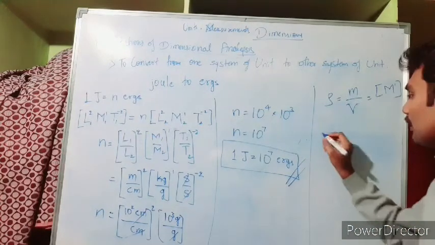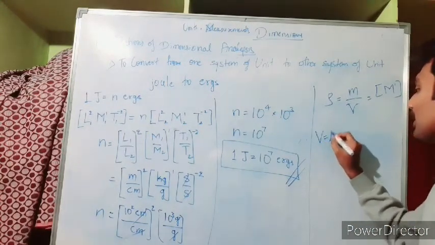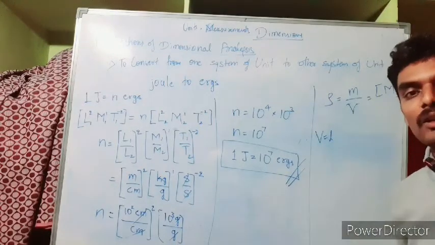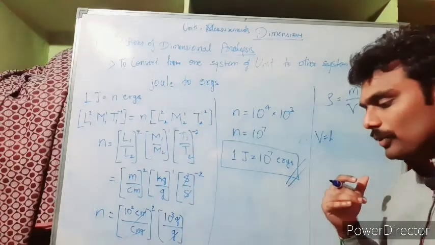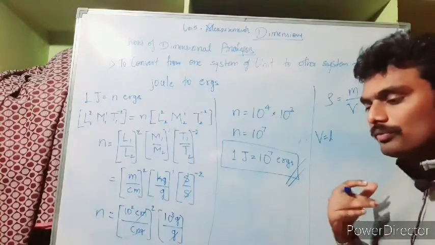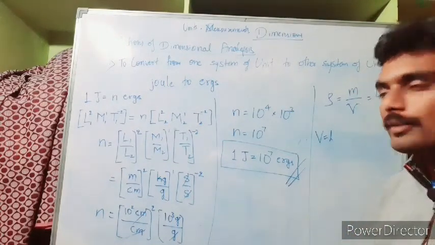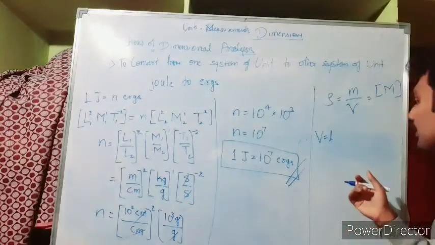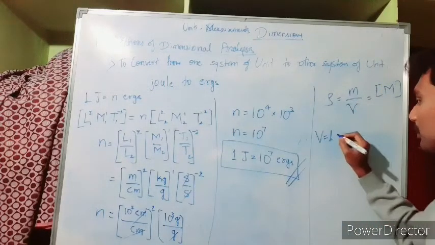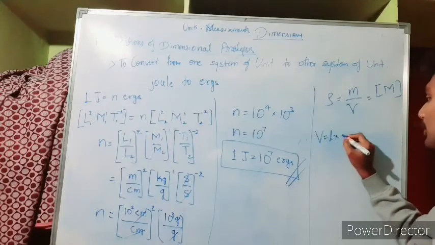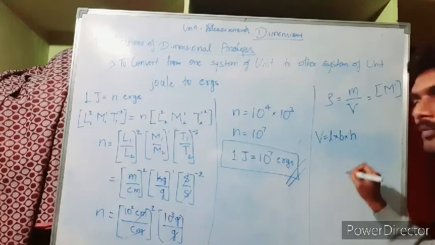Dimensional formula of volume, see, you can take any formula of volume, say, volume of sphere, volume of cylinder, volume of cone, volume of cuboid, anything. So let me take the formula for cuboid. So volume is equal to length into breadth into height.